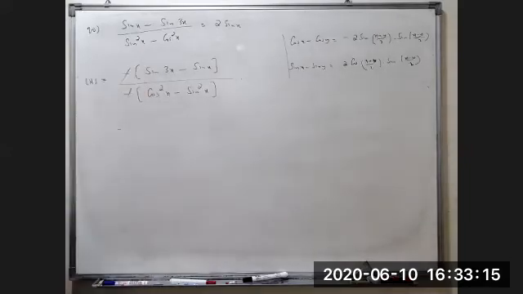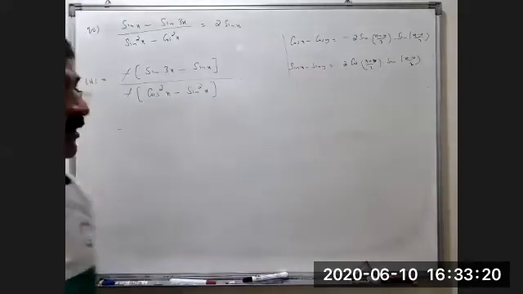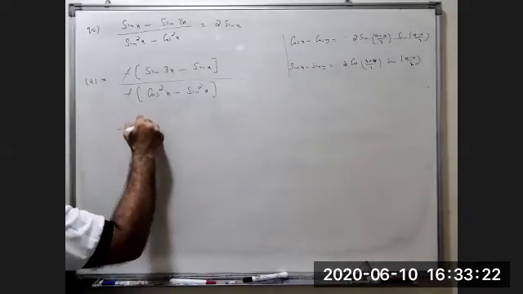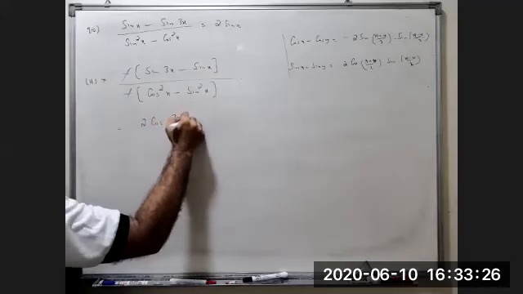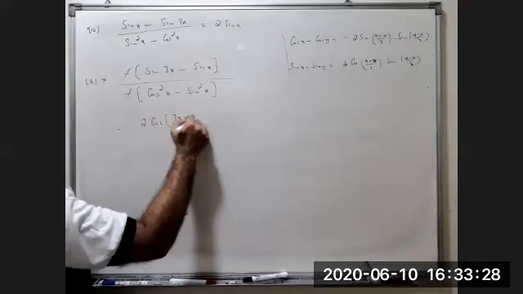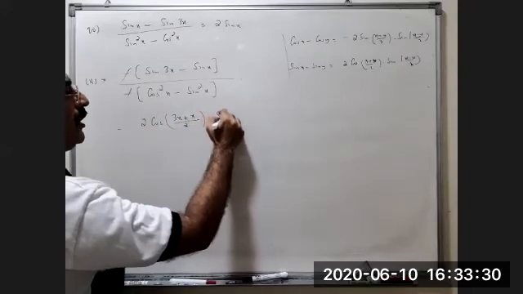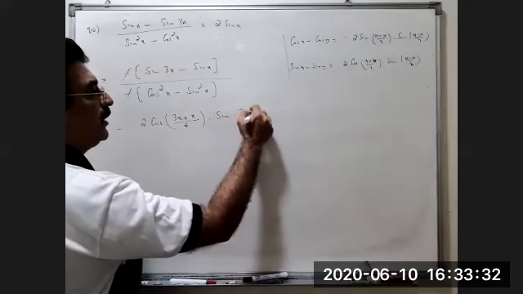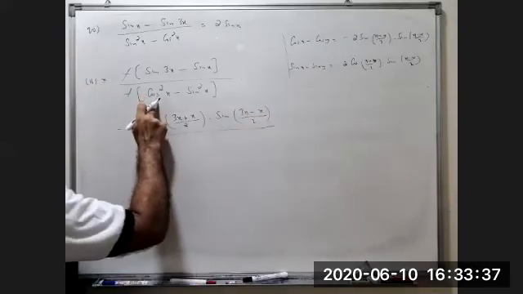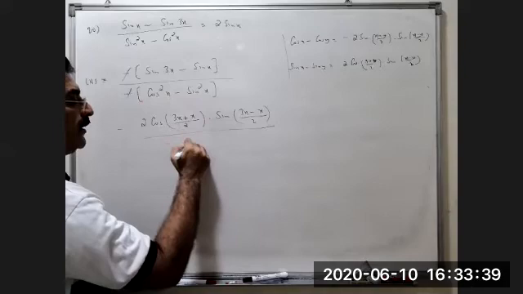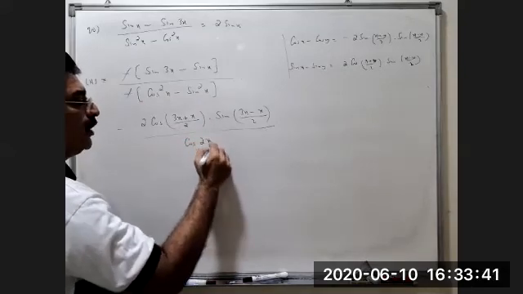Now, numerator, sin x minus sin y. Sin x minus sin y is 2 cos of x plus y by 2 into sin of x minus y by 2, divided by cos square x minus sin square x, which is cos 2x directly.